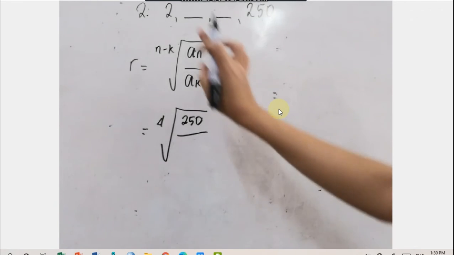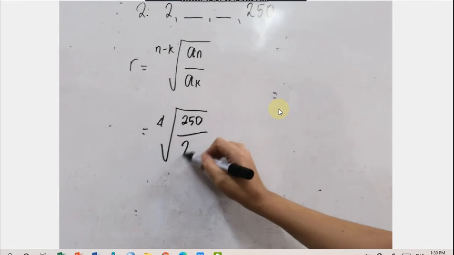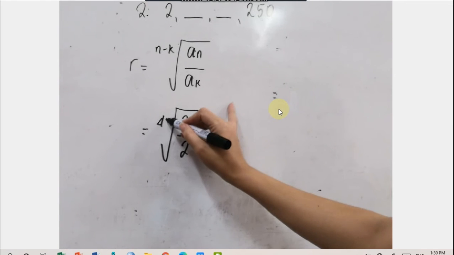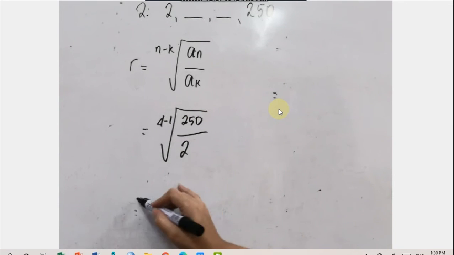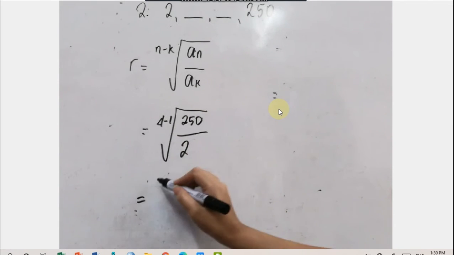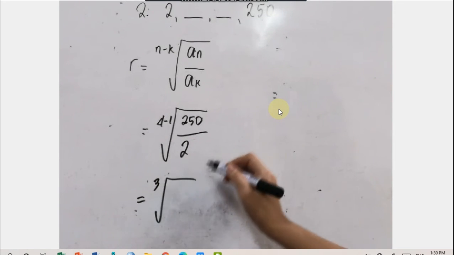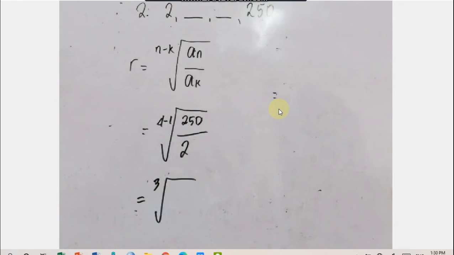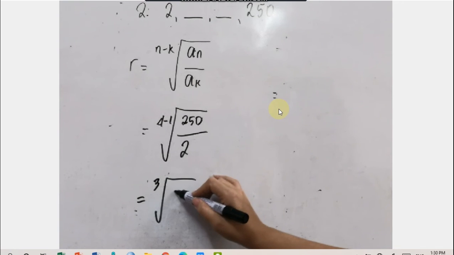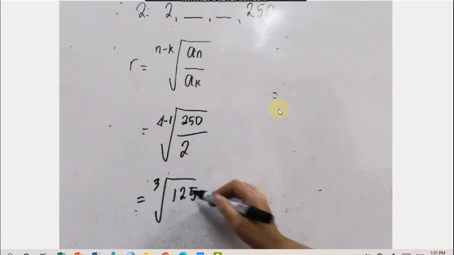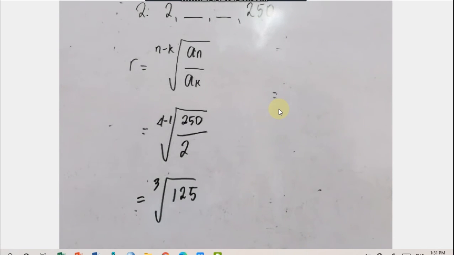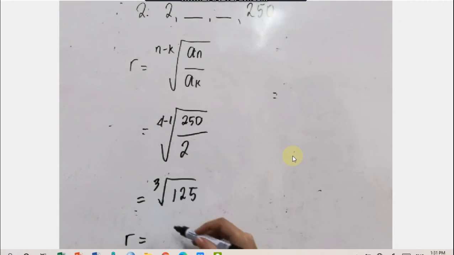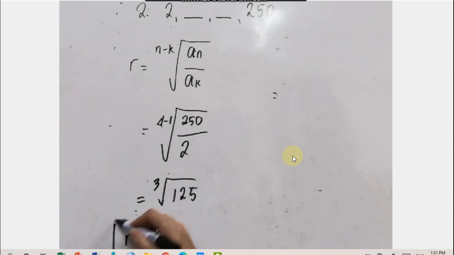A sub k will be our first term, that would be 2. Okay, wait, 4 minus 1 pala, guys. So here, 4 minus 1, we have the cube root of 250 divided by 2. Alright, that is 125. So what is the cube root of 125 now? So r now is equal to 5.